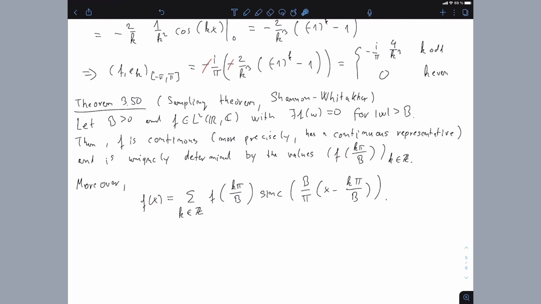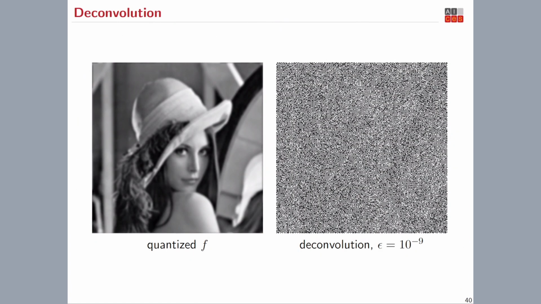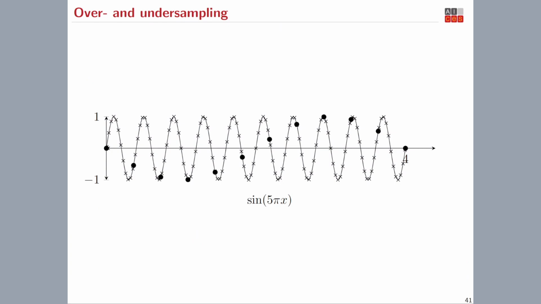Okay, so we will see this in more detail next time, and probably it's just some visual impression of this, and I will come back to that next week. So this sine has a limited bandwidth, and you can see if I take the values at the axis, I can easily represent the sine. But if I take the values at the dots, I get a completely wrong impression.